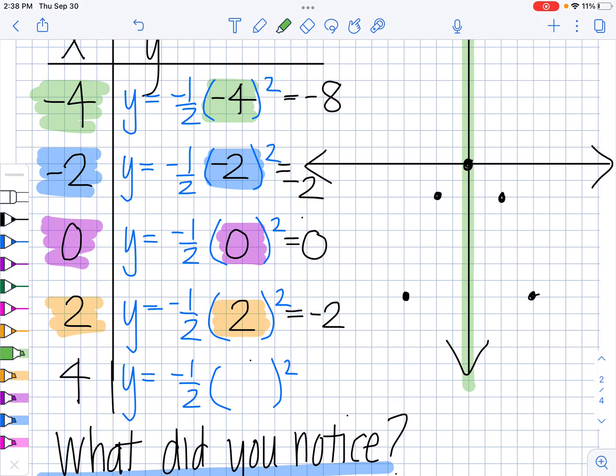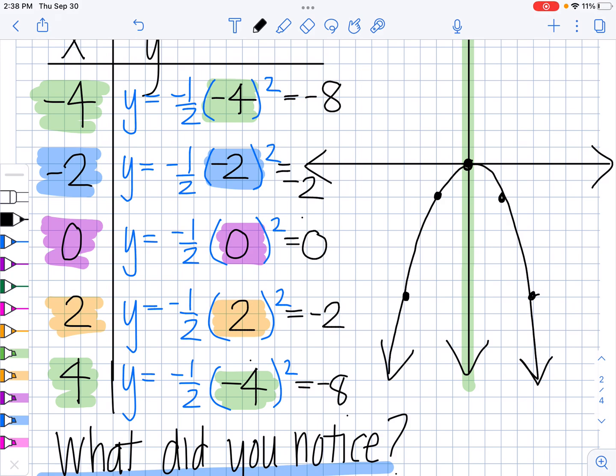This point is -4, so I would plug in a -4 here. -4 squared is +16, and +16 times -1/2 is -8. So I would go down 1, 2, 3, 4, 5, 6, 7, 8, and I end up where I thought I would because I reflected it over my axis of symmetry. Now we can go ahead and draw our parabola.